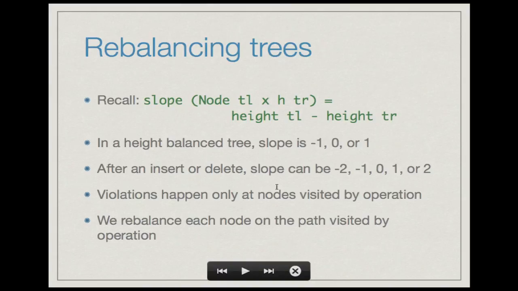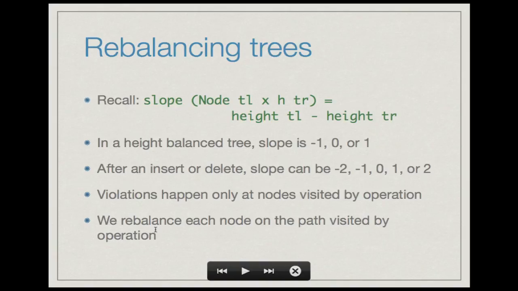Now, the violations can happen only at nodes that are visited by an operation. Recall that to insert or delete, we need to start at the root and search for the node that we need to insert or delete, and in doing so, we will be traversing a path from root to that node. Only those nodes along the path will be affected.